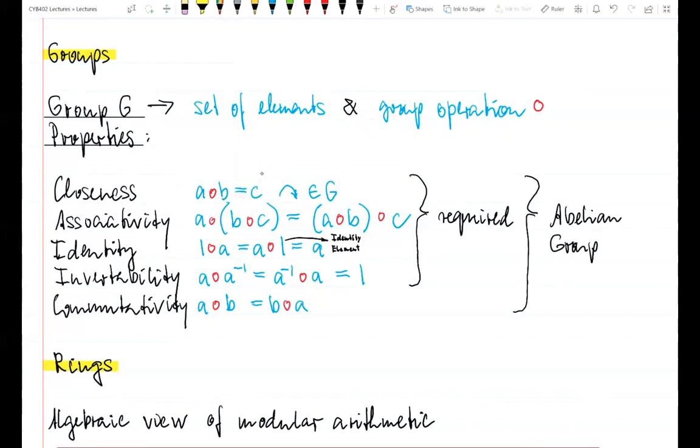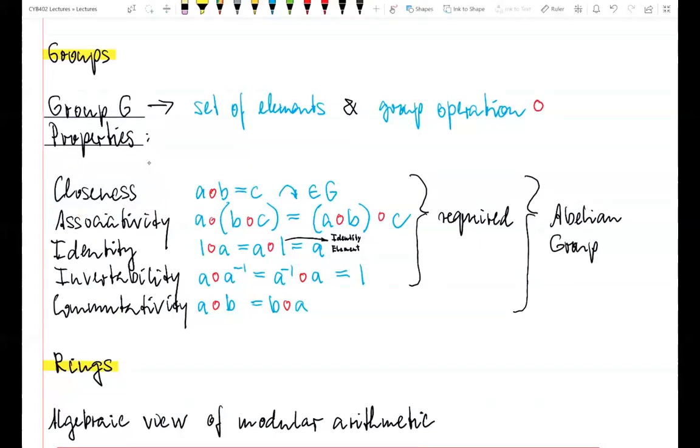So we call this closeness, okay? The group is closed because it would be kind of awkward if we apply our group operation to two elements and all of a sudden the result would be outside of the group. So groups are always closed.